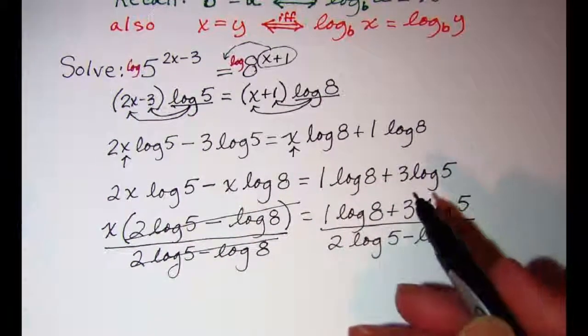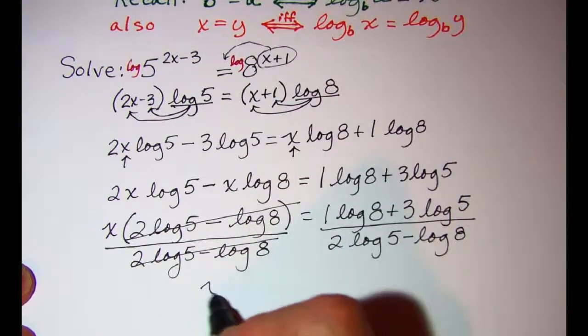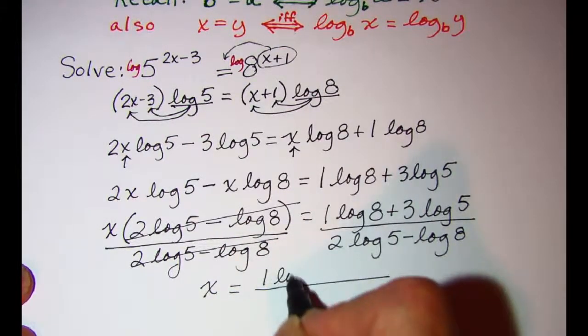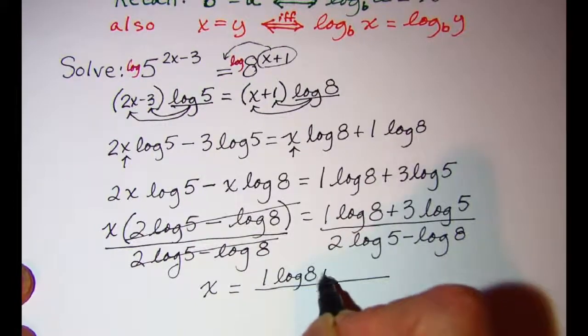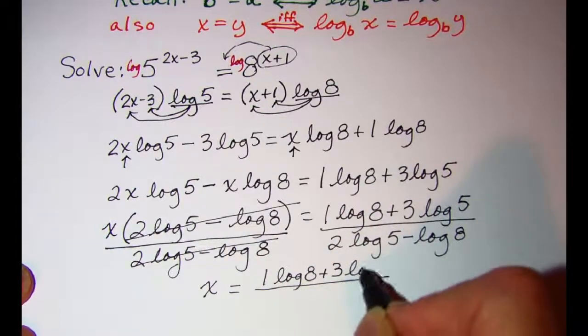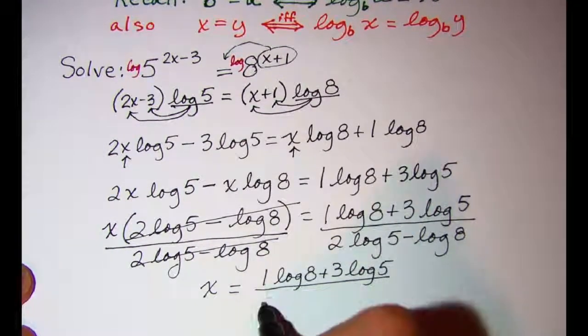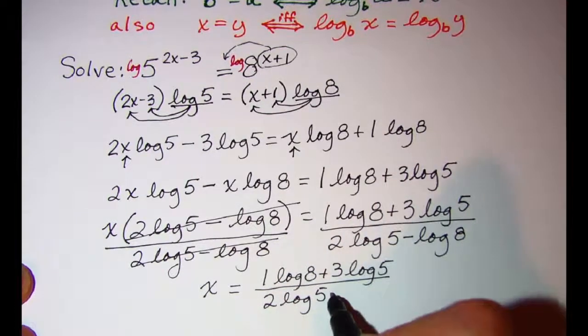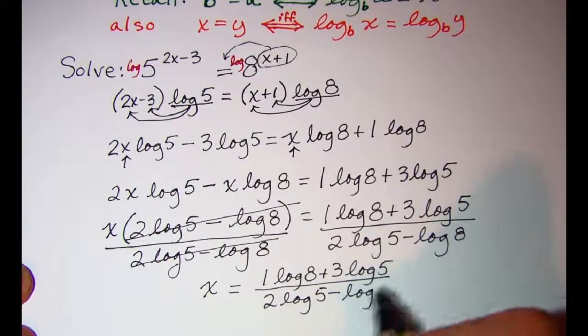And I'll have x equal to 1 log 8 plus 3 log 5 divided by 2 log 5 minus log 8.